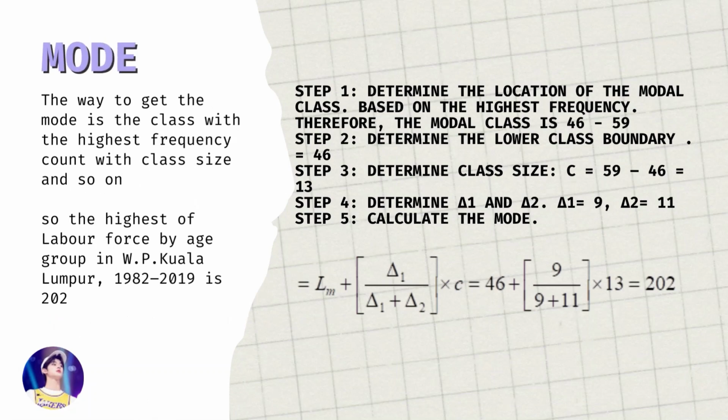The way to get the mode is the class with the highest frequency count with class size and so on. So the mode for the labor force by each group in Wilayah Persekutuan Kuala Lumpur from 1982 until 2019 is 202.